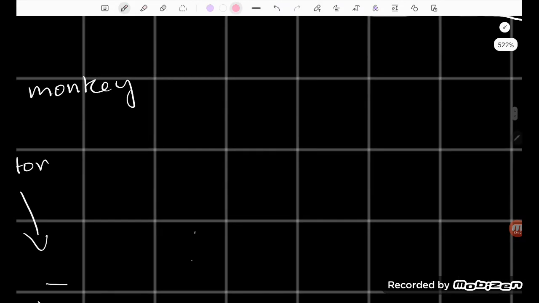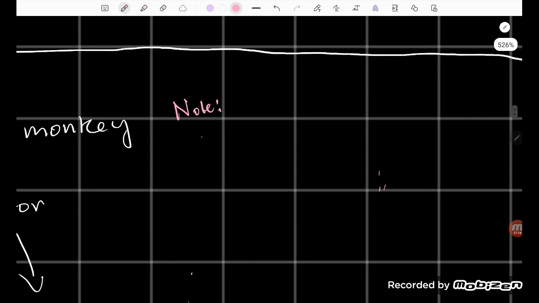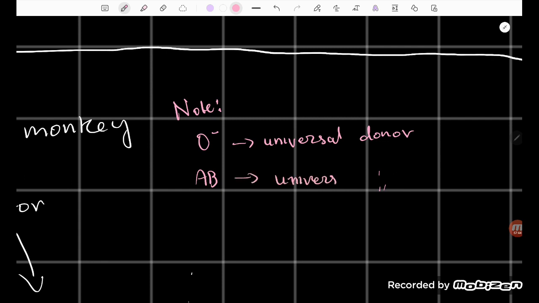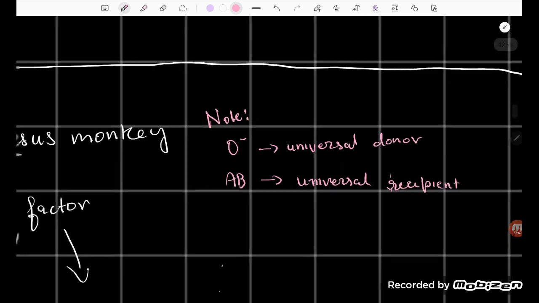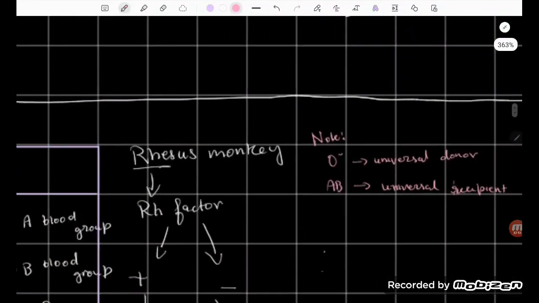I'm going to write a small note here so that you guys just go through this. O negative is the universal donor. AB blood type is the universal recipient. That's it. I'm going to box that note in so that you notice it.